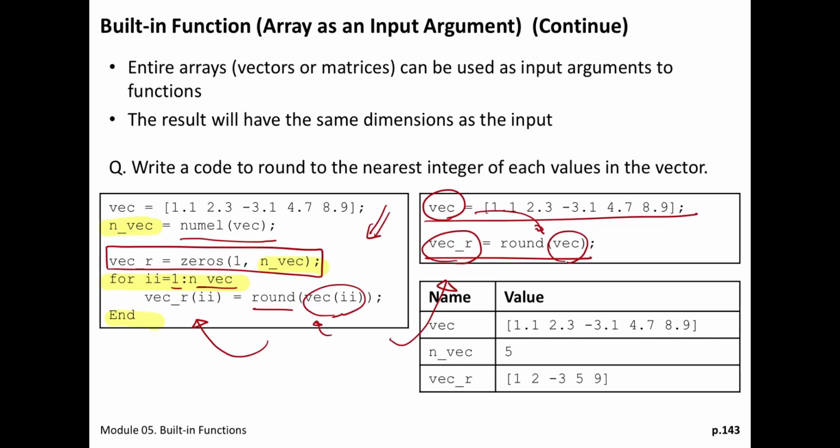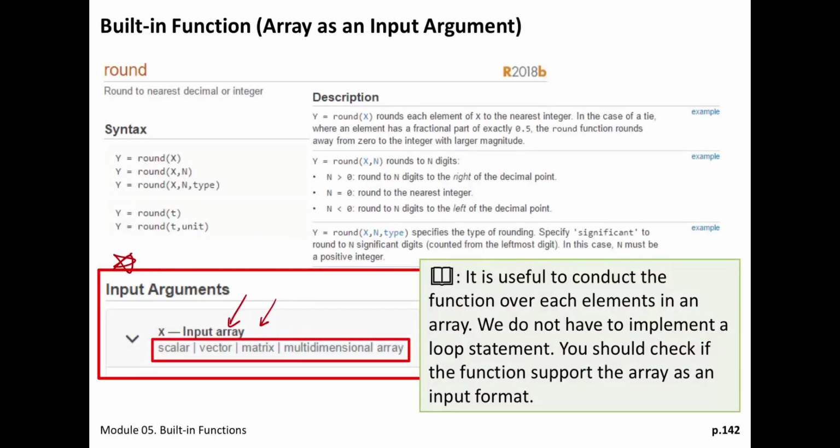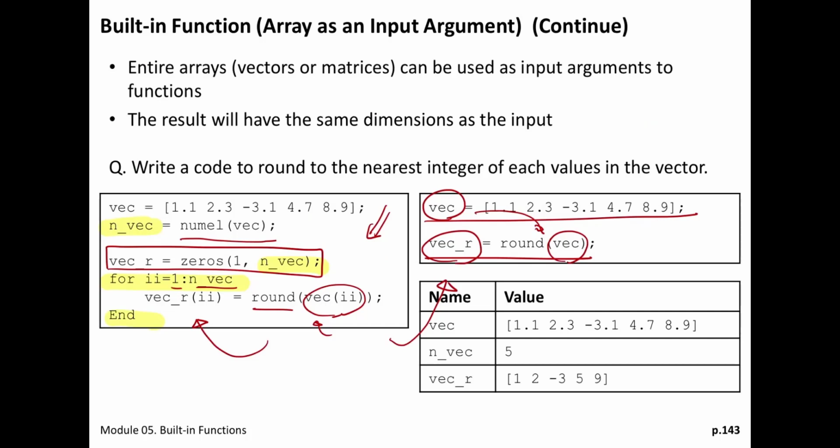You can check this information in the MATLAB documentation. There is an input argument section, and there you check the possible input array types. So this is a very powerful feature, right? This whole script is shortened to one single line.